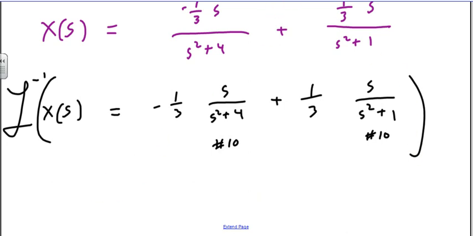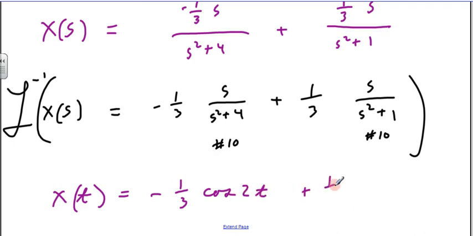And we're going to have that x of t is equal to minus 1/3 cosine 2t plus 1/3 cosine t. And we're going to go, should we check this or no? Okay, so we'll check it. So we'll do a check with back of book. The back of book agrees with us, so we'll move on.